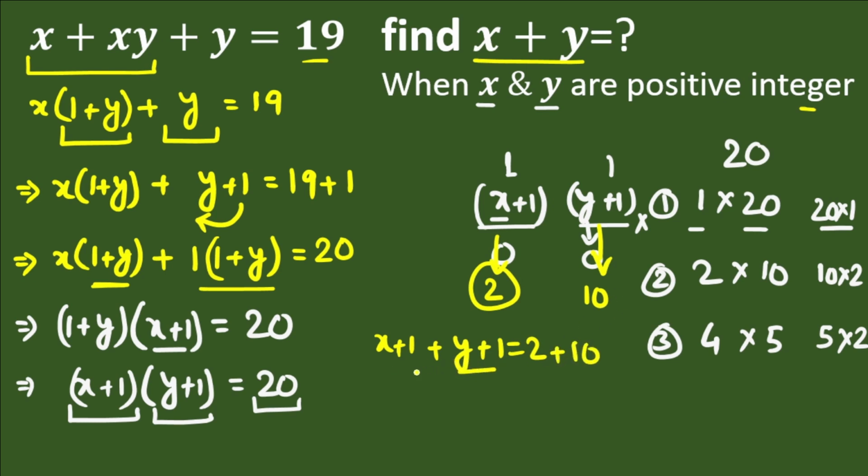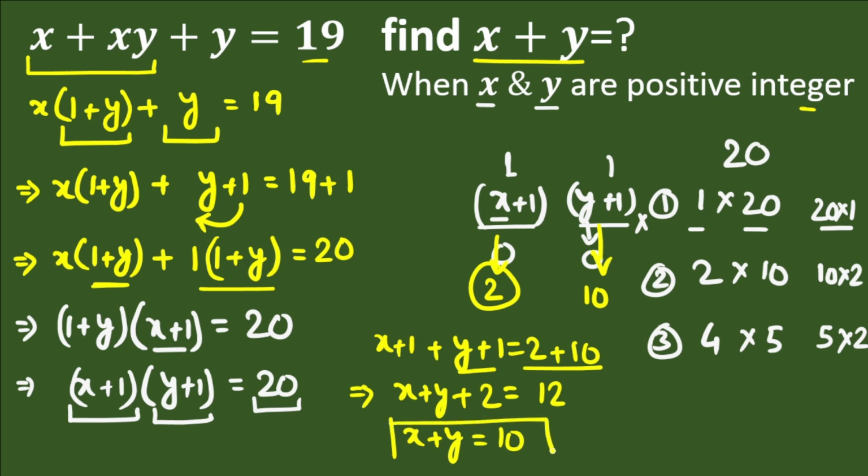From here we can take out x plus y. We can write it as x plus y plus 1 and 1, which is 2, and on the right-hand side 2 plus 10 is 12. So x plus y will be 12 minus 2, which is 10. So x plus y for the second case is 10, and that is one answer.